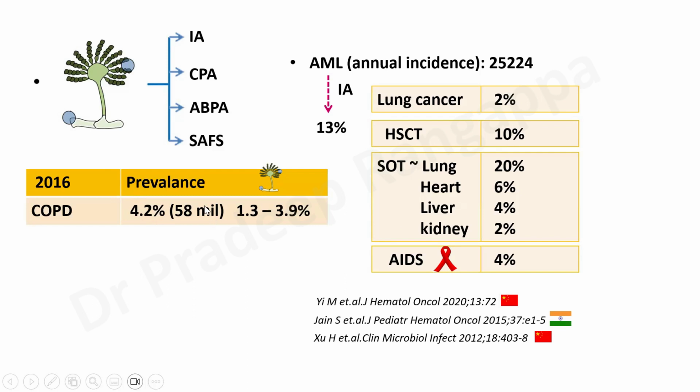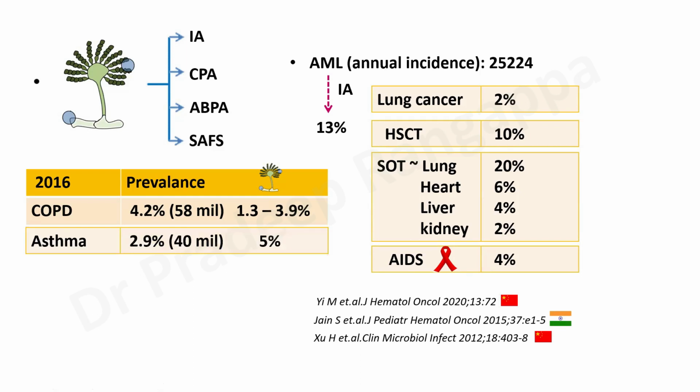COPD: the burden in India was around 58 million in 2016, and aspergillosis occurred in 1.3 to 3.9% of these COPD patients, mainly allergic bronchopulmonary aspergillosis. In asthma, the burden of patients in India was 40 million, of which 5% had aspergillosis.